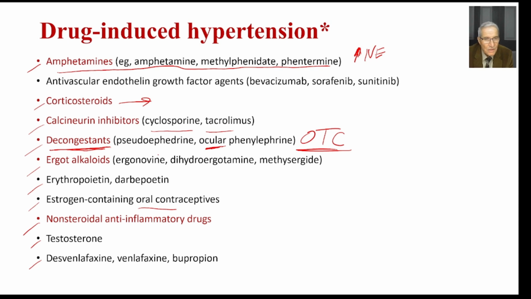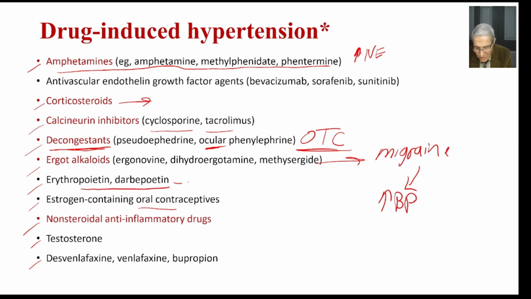Yes, because some of these eye drops will arrive in the circulation and stimulate hypertension. Ergot, used for treatment of migraine, may cause or exacerbate hypertension. Erythropoietin and darbepoetin are used for treatment of anemia. Then estrogen and oral contraceptive.